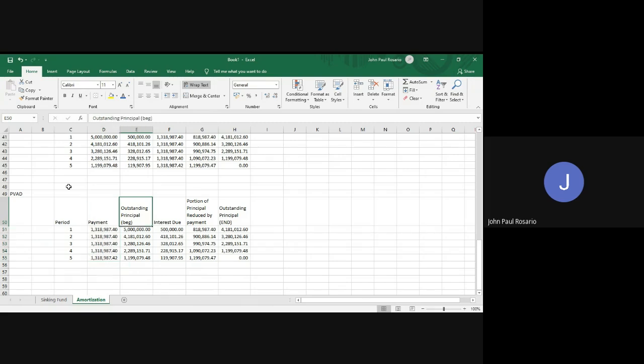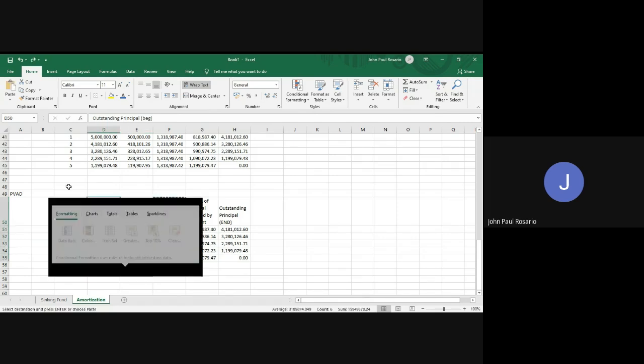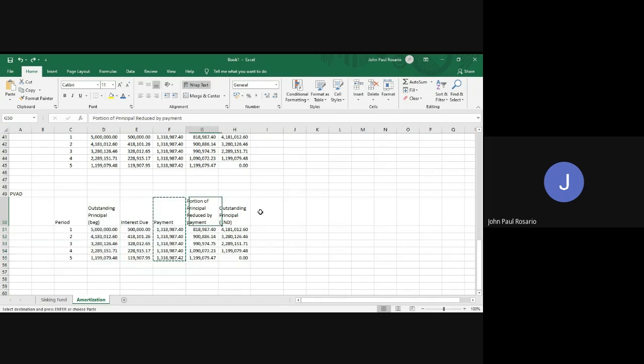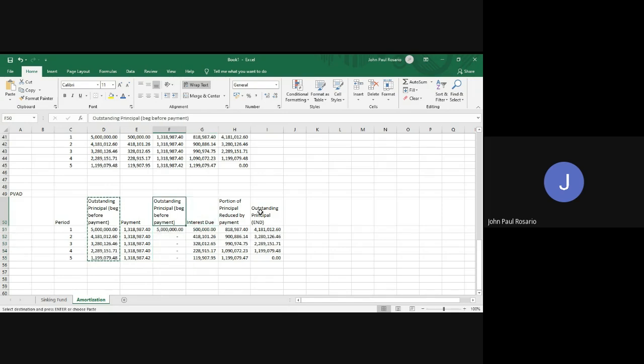And then our outstanding principal beginning is, control Z. Okay. Payment. This is our outstanding principal beginning before payment. Then we copy this. This is after payment.